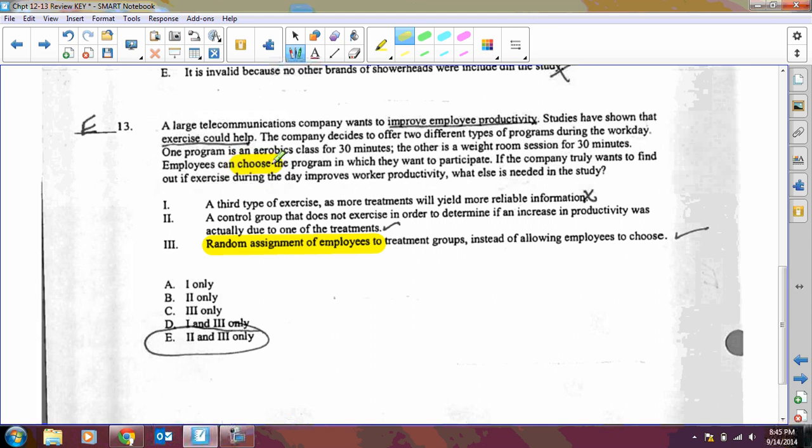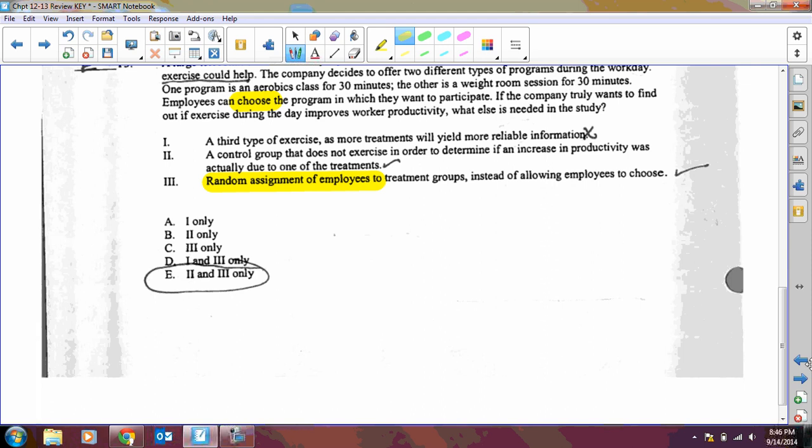Maybe the type of employees that volunteer into the exercise program are a different quality of employee than the general quality of employees in the business. So you cannot have them place themselves into the exercise treatment if they want to generalize to the whole company. You would have to randomly assign the employees to the treatment groups in order to do that further generalization. All right.